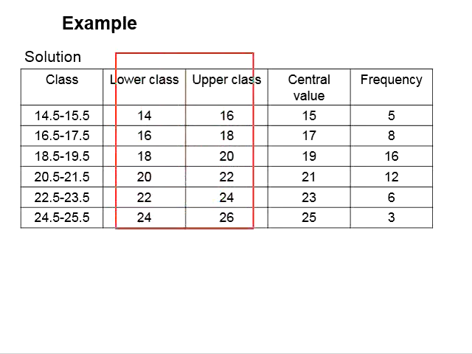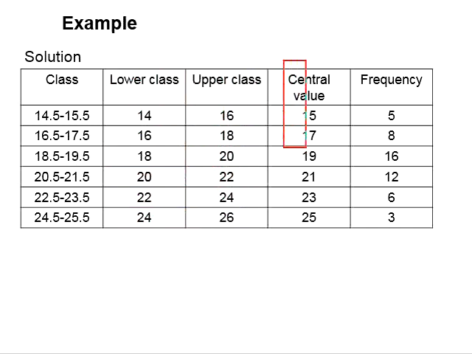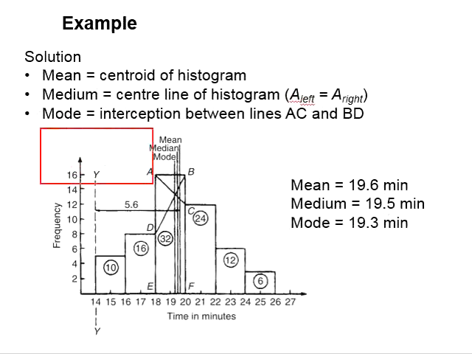These are the lower and the upper boundaries. The center value is obtained by taking the average of the lower and the upper boundary. The frequencies are given. Now you can sketch the histogram.